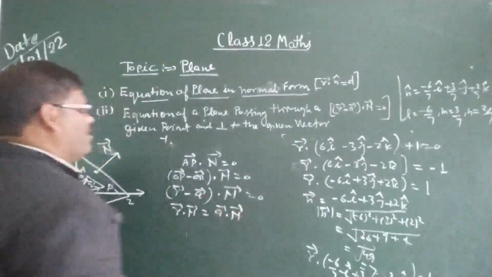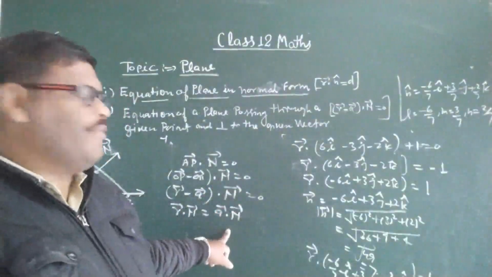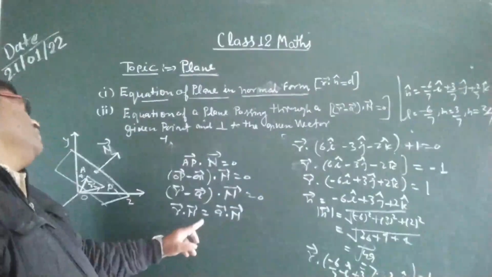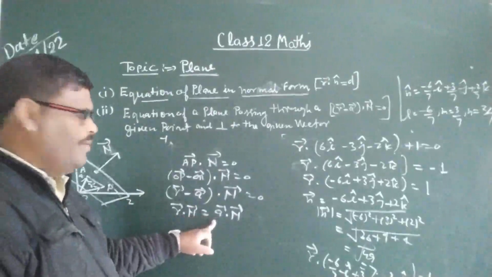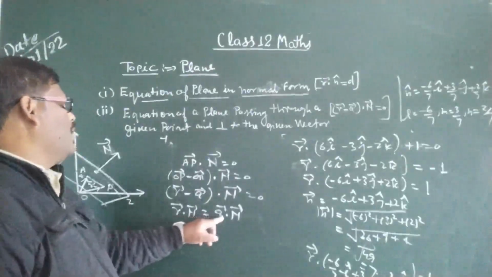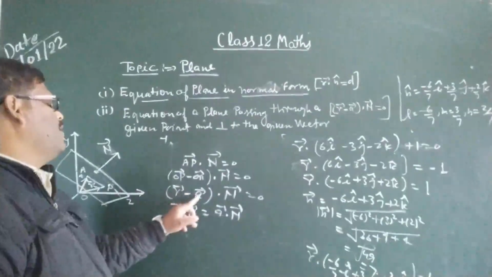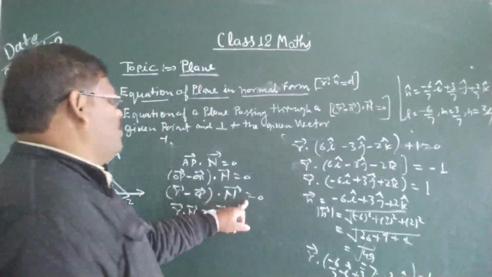Here, vector n is perpendicular to the given plane, and vector a is any point that lies on the plane, meaning r dot n is equal to a dot n, or you can say (r minus a) dot n is equal to 0.